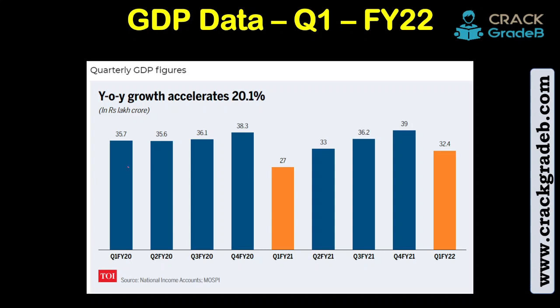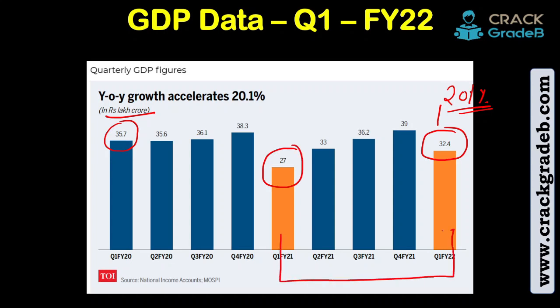In this slide, let us compare. This is in lakh crore. In the previous slide you saw it in percentage, but here it is in terms of value. So quarter one FY 2020 is 35.7. Now it's 20.1 percentage growth, so this 32.4 is compared to this period.